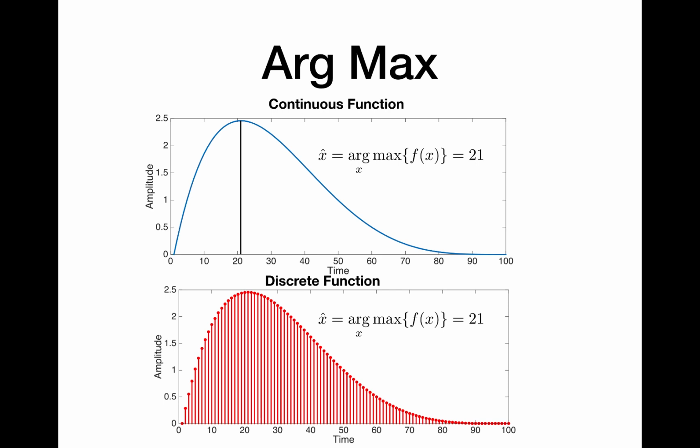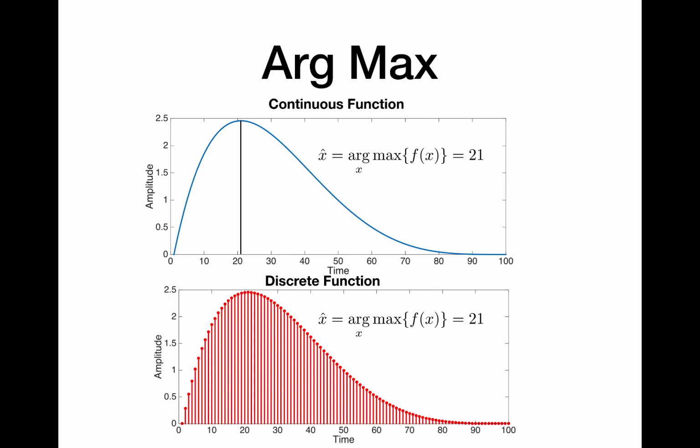So you have discrete values in the bottom function for different time values, and the top function is continuous in time. But for both the functions you can define argmax, and in this case for both the functions your argmax over all values of x is basically 21, because 21 is that value for which these two functions give the maximum value.